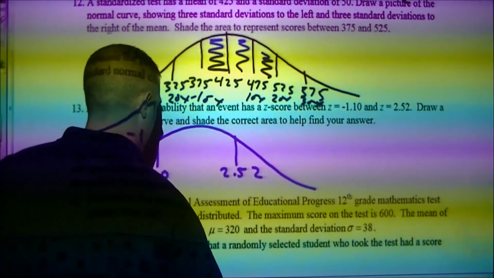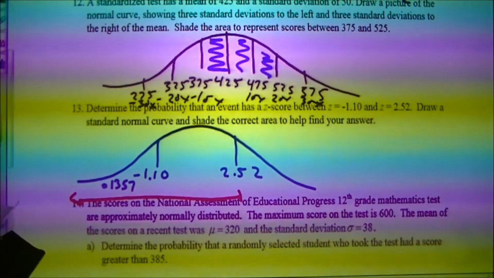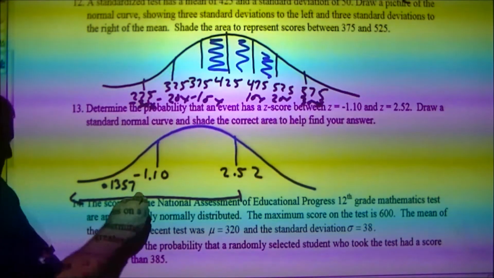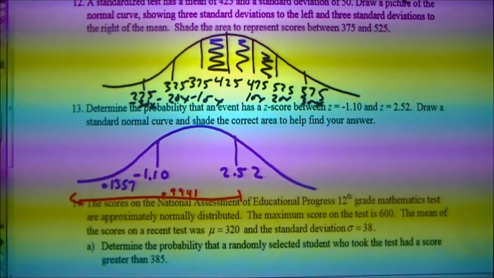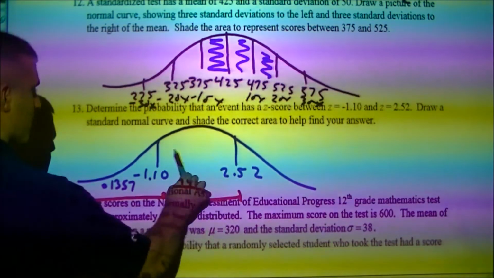2.52 tells me that all of this stuff all the way over here is going to be 0.9941. Now, I already know this part, so all I need to figure out is the area in between.